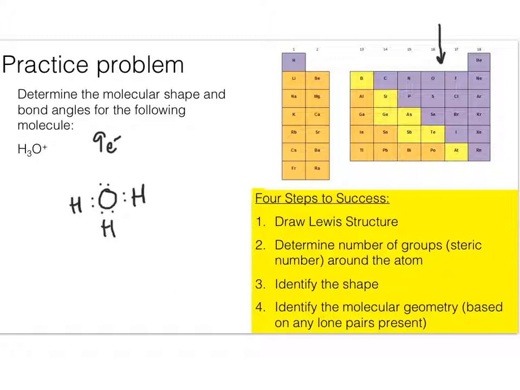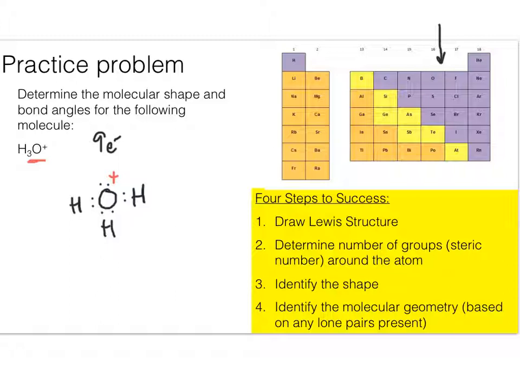Oxygen should have 6, and around it you have 1, 2, 3, 4, 5, 6, 7, 8, but we can take half from the bonds. Then we should have 1, 2, 3, 4, 5, so it's 1 too few, so this should give us a plus charge on the oxygen. So that's our Lewis structure.